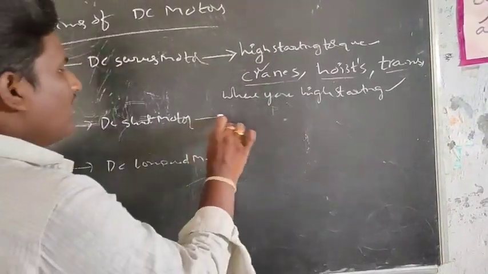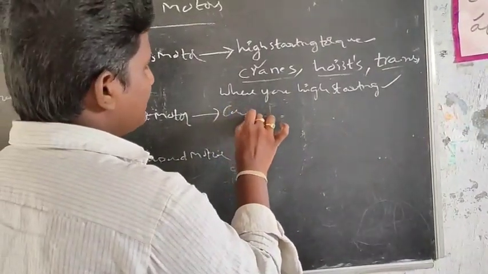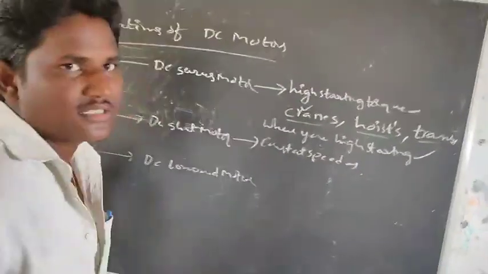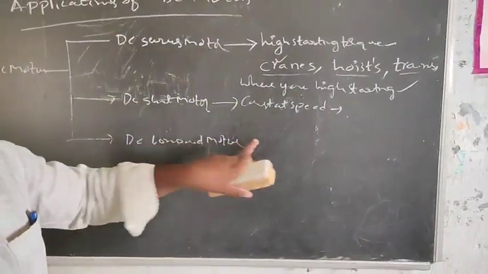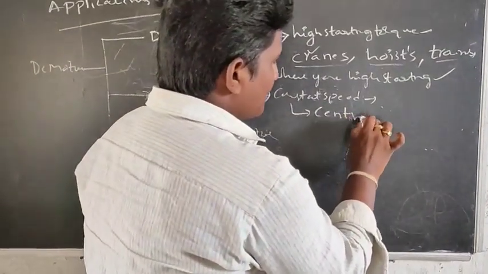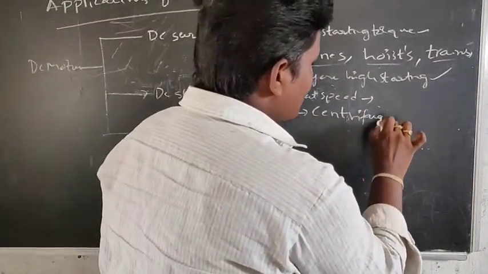For the shunt motor, it is almost constant speed. For centrifugal pumps, what do we require? Constant speed. So that's why centrifugal pumps.